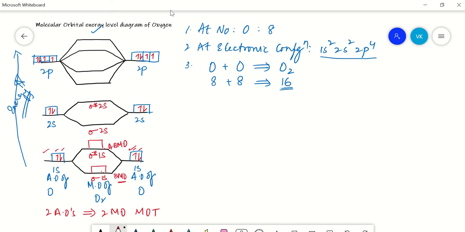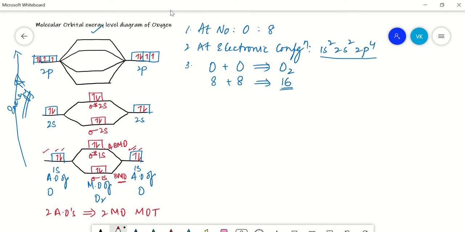First 2 electrons will enter the bonding molecular orbital and then the next 2 electrons will enter the anti-bonding molecular orbital. So 4 electrons are filled up in this way, right? In the 2s level also, 4 electrons will be filled up, 2 in bonding molecular orbitals and 2 in anti-bonding molecular orbitals, right?